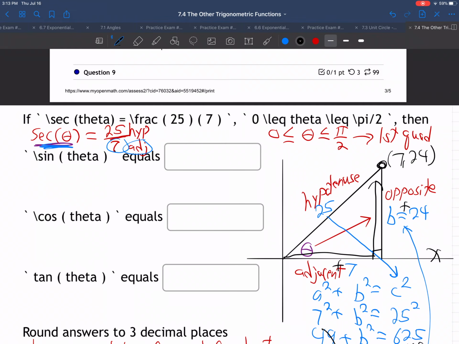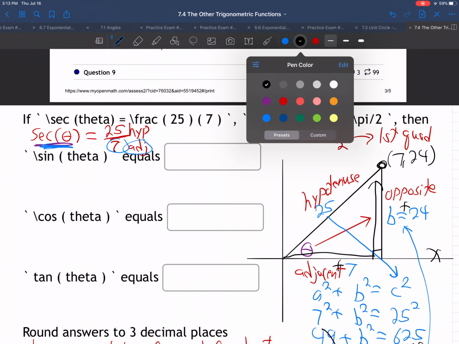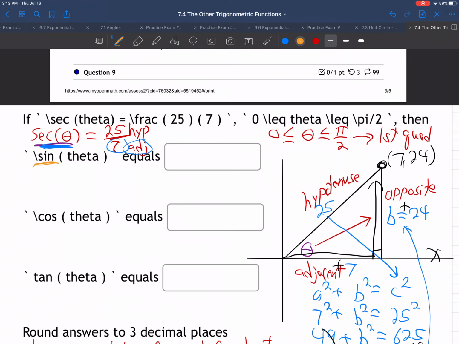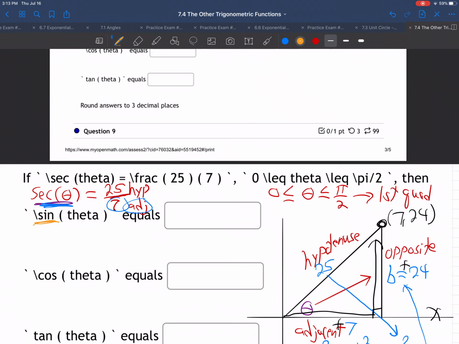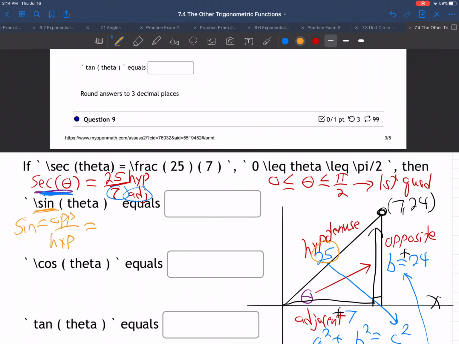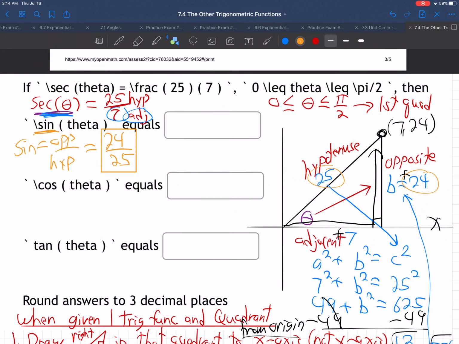So here we go. What's the sine of theta? Well, sine is opposite over hypotenuse. What's the opposite? 20. Oh, whoop, that's not the opposite. That's the hypotenuse. Opposite 24 over 25, right? 24 over 25. So there's the first answer. Let's try the next one. What's the cosine?